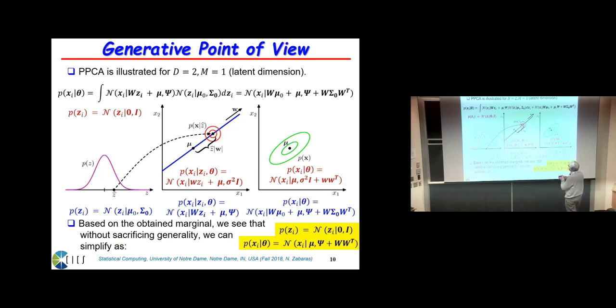If you look carefully, W here is going to be a vector in 2 dimensions. So the mean of x will be mu plus W times z, which will bring me to, let's say, this point, plus some noise that I put around that point.